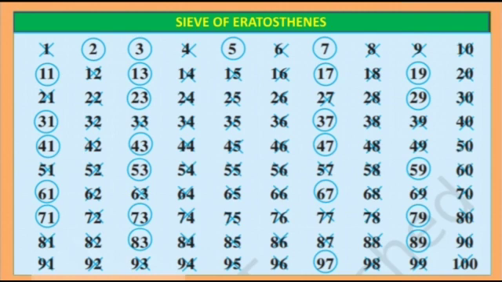In this list, we observe the following. All the numbers that are encircled are prime numbers and all the numbers that are crossed out except 1 are composite numbers. This method of sieving or separating prime numbers from composite numbers is called the sieve of Eratosthenes.